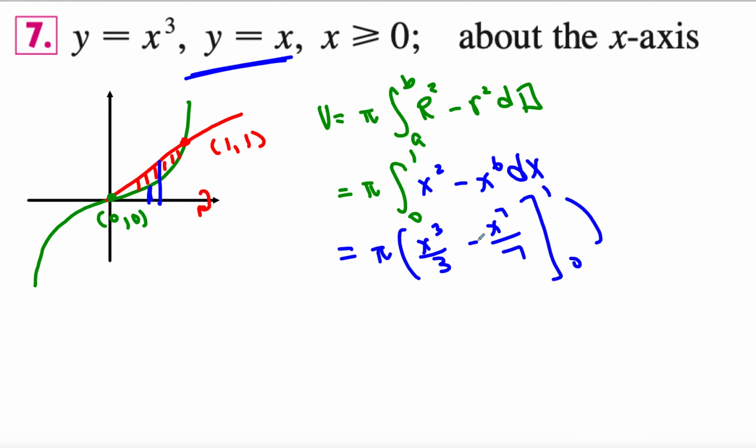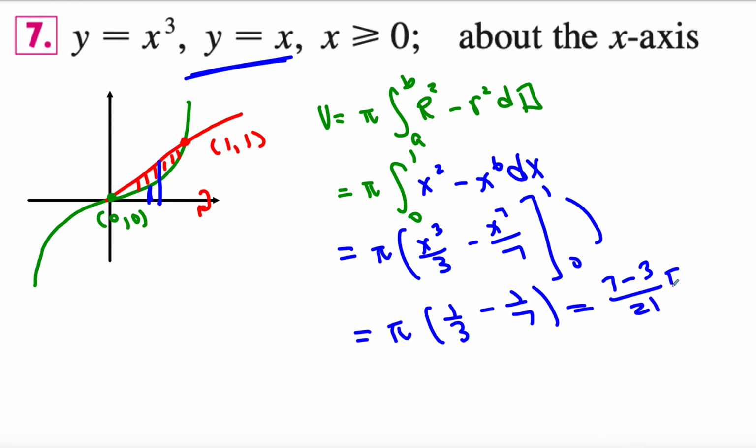Of course, when you plug in 0, everything comes out to be 0. When you plug in 1, we have pi times 1/3 minus 1/7. When you simplify, we get (7 minus 3) over 21 pi, which is equal to 4 pi over 21. And that seems to be our solution.